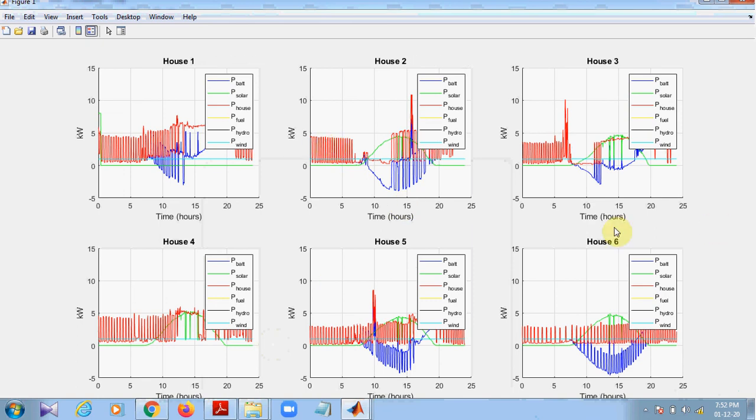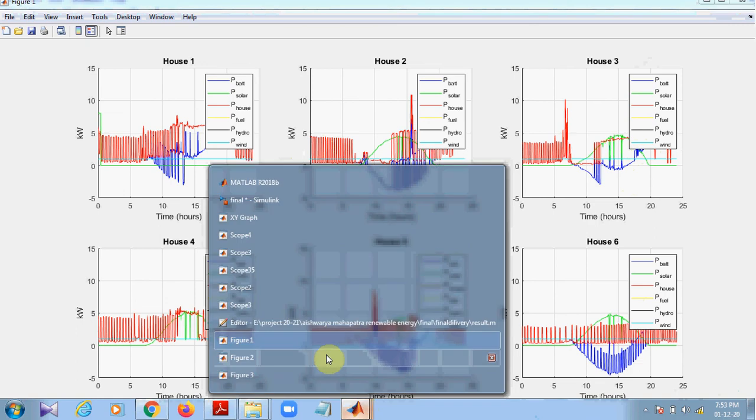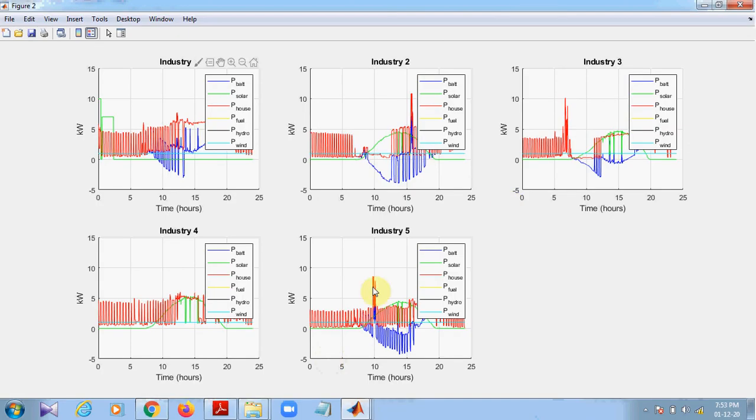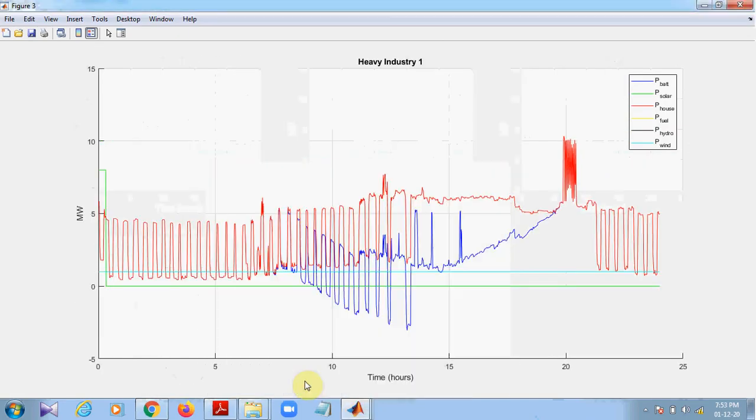This is the model showing 5 houses, which are consuming power from our different sources. All the colors represent how much power is consumed at various times, and the power is shown in kilowatts. For industry it is in kilowatts, and for heavy industry it is in megawatts.